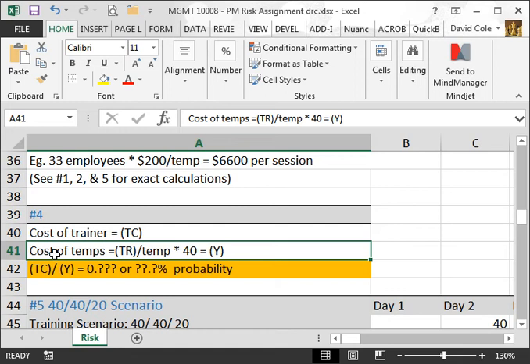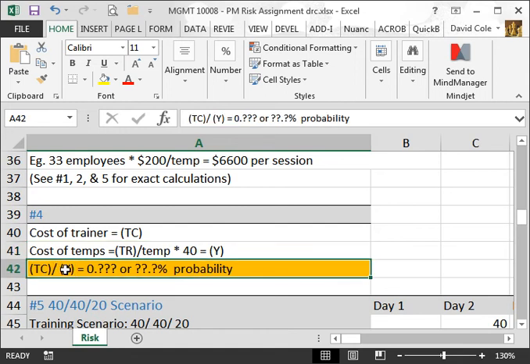So we have our cost of $200 per temp times 40, which will give us our value Y. We're going to end up calculating what the probability is, by dividing those numbers together, and give us the percentage that it would have to happen in order to cost justify this mitigation scenario and the extra $1,000 a day that we're spending.